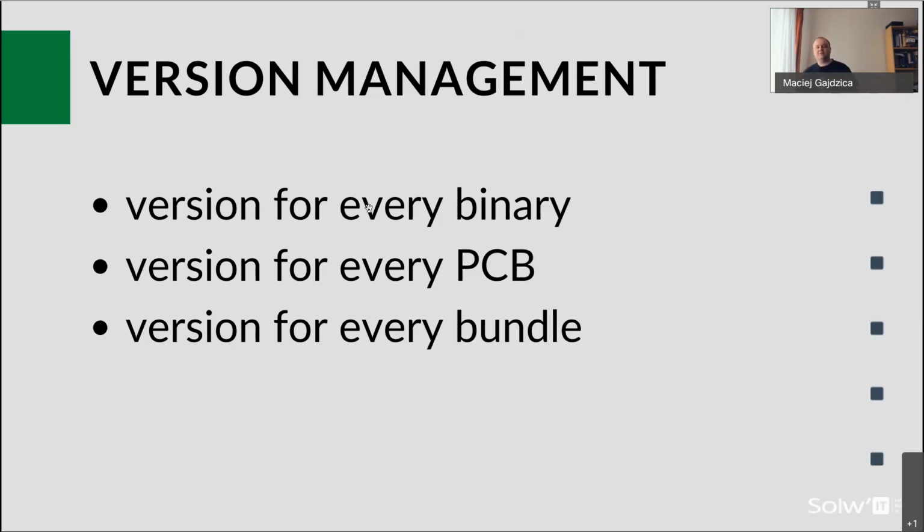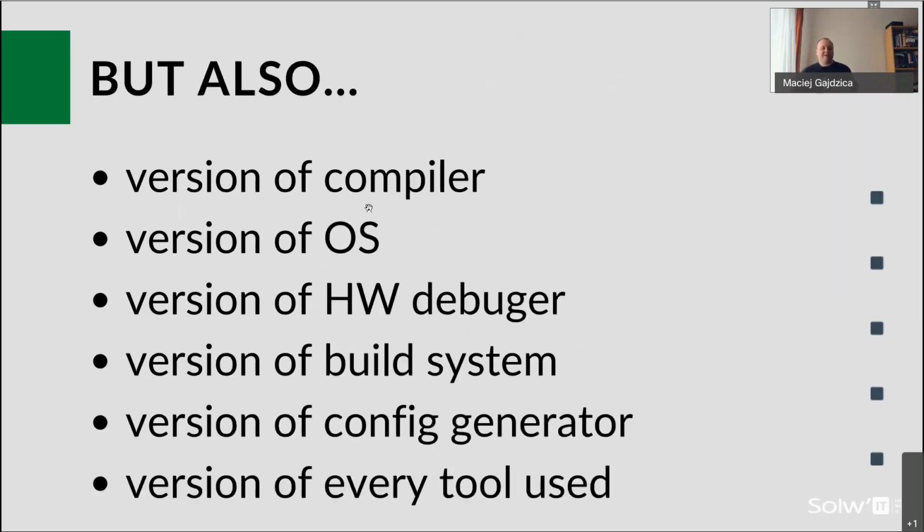But this is not the end of the list, because we must also track versions of tools that we are using, like the compiler, even the operating system, tools for testing, for configuration, and so on. So this way we are minimizing the risk that something is working on my machine but not on yours.